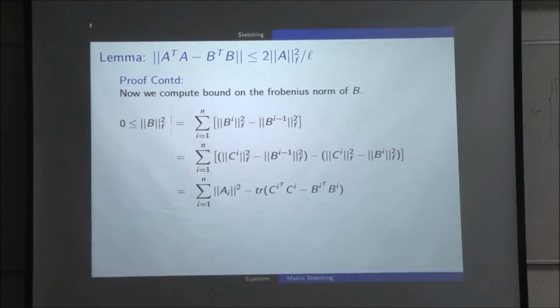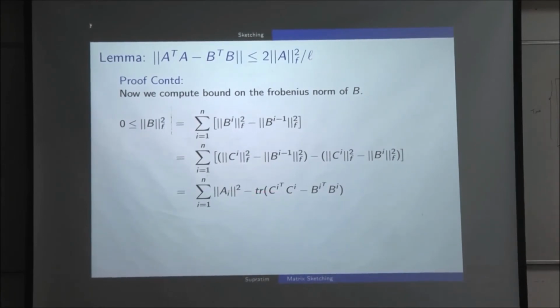So C_i minus B_{i-1}, that is the sketch until B_{i-1}, would be nothing but the ith column of A. And the remaining part, the Frobenius norm of C_i and B_i, can also be written as the trace of C_i transpose C_i.